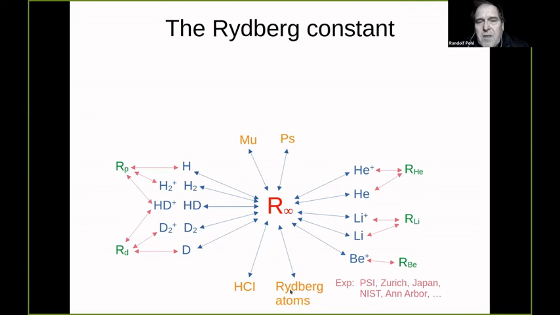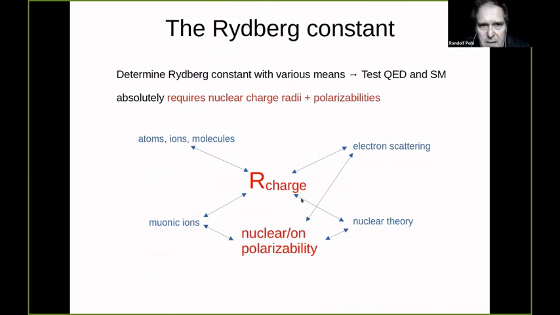So I guess testing QED and the standard model by comparing different nuclear charge Z or masses or lepton types may be a way forward of doing precision tests of QED and the standard model. But of course, this absolutely requires precise nuclear charge radii and polarizabilities. And so you get this interconnection that you all know between the charge radius, the polarizability, electron scattering, the intense nuclear theory, precision spectroscopy in normal atoms and ions and molecules, and the muonic ions.